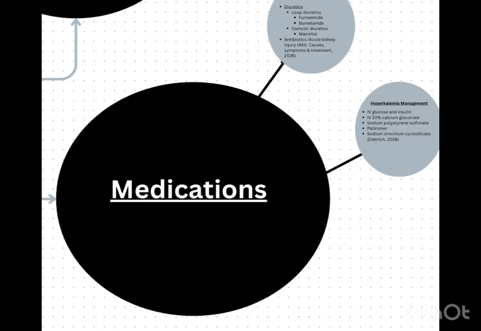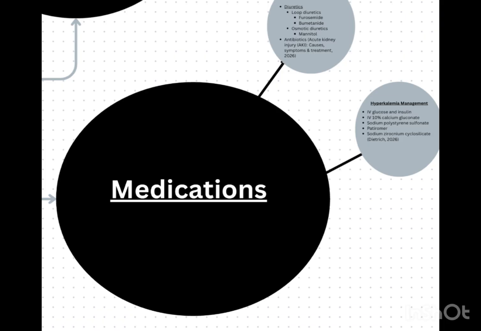And then hyperkalemia management, right? So we need to protect the heart from dangerous potassium levels, which is why we would use IV glucose and insulin, IV 10% calcium gluconate, sodium polystyrene sulfonate. God, I'm butchering a lot of these.